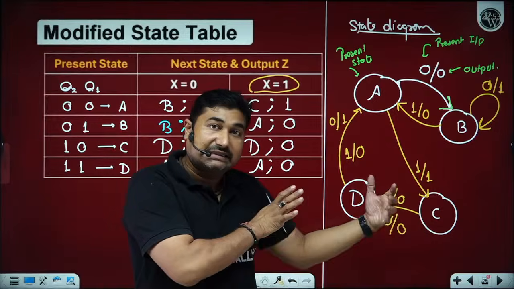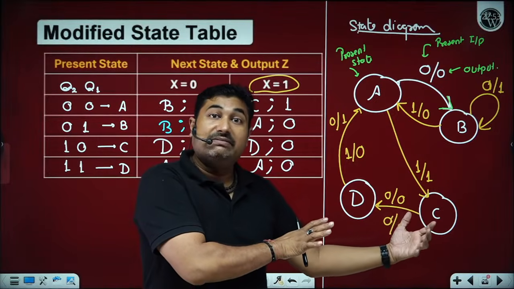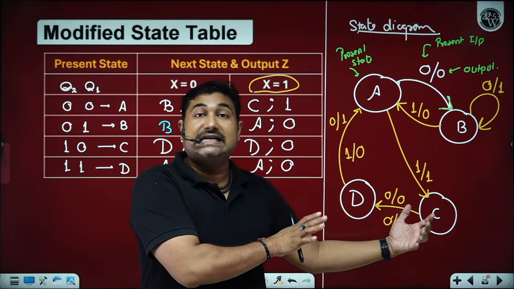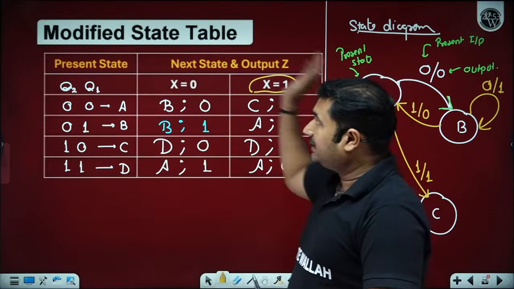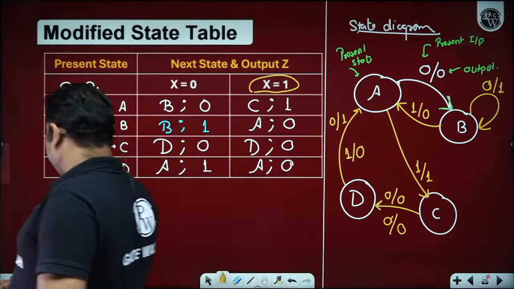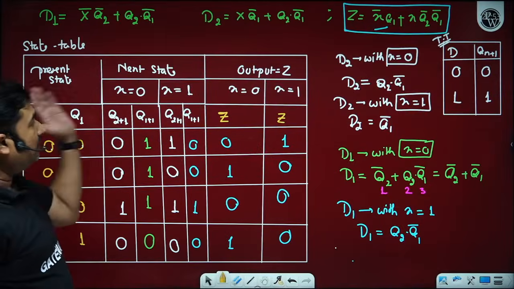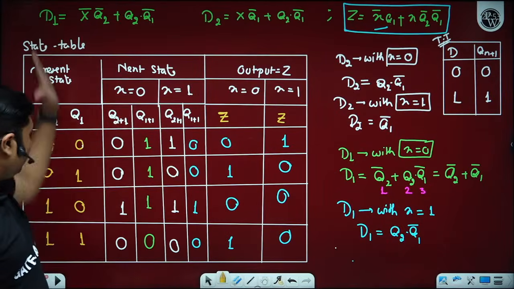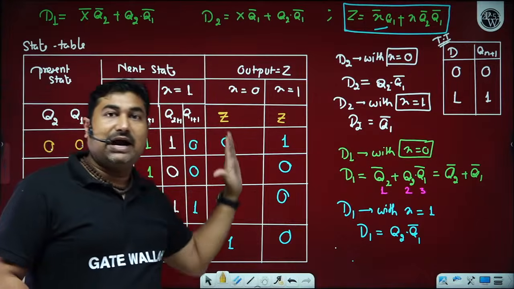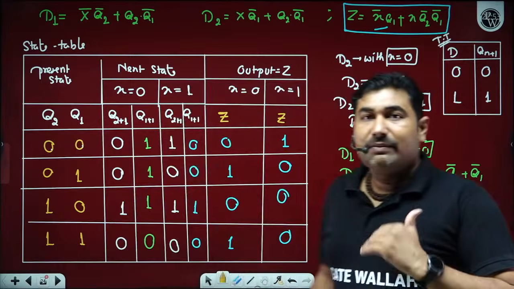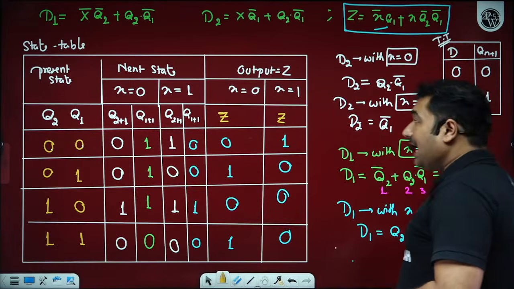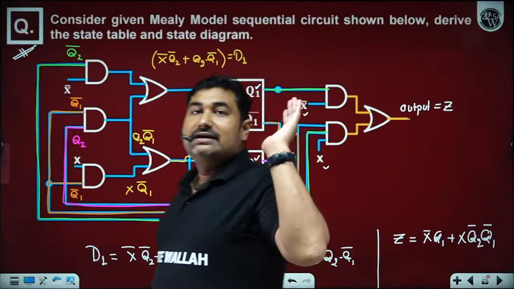Accordingly, you construct a state table. Then you minimize the state table by using the state reduction technique. After that, you construct a state table, then write the excitation equation from the state table depending upon the present state and next required state with the present input. Then you can find the excitation equation, minimize it, and implement any desired state machine.